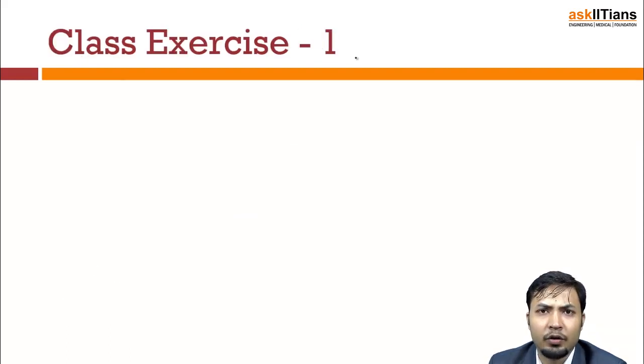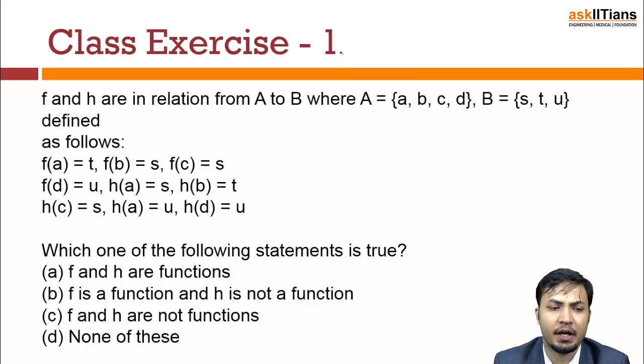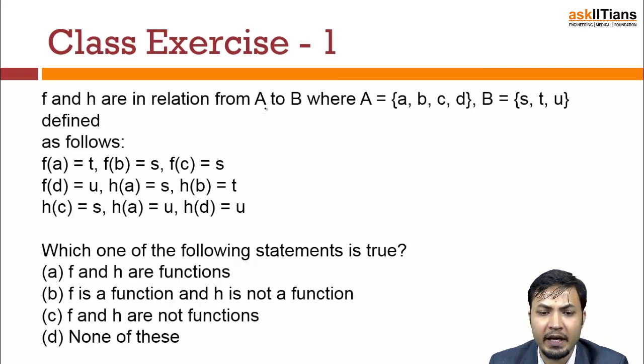Now, let's have a look at an example based on the topics that we have just discussed. We have already seen different examples. This is a one exercise question. The question says that f and h are relations from A to B, where A equals {a, b, c, d} and B equals {s, t, u}.